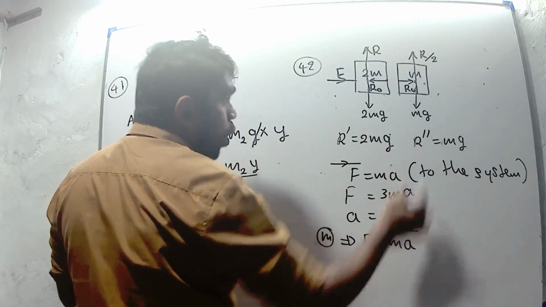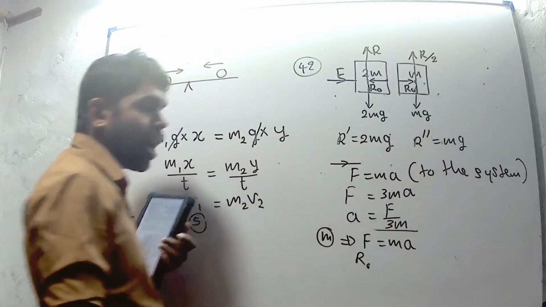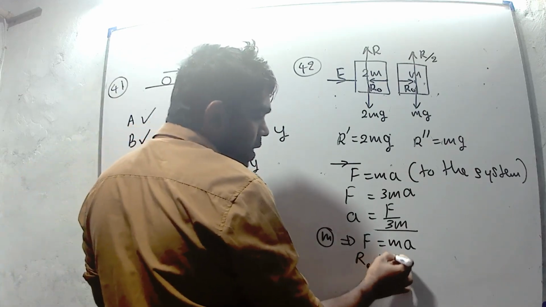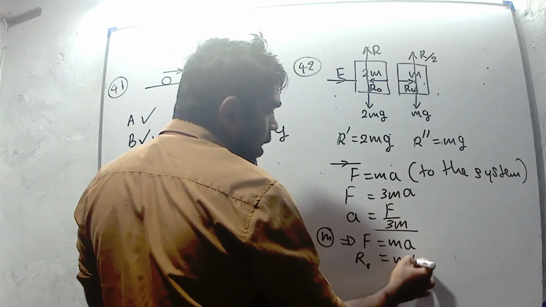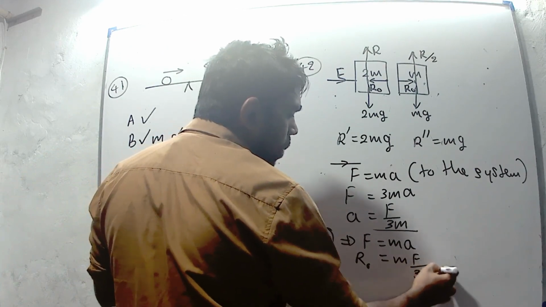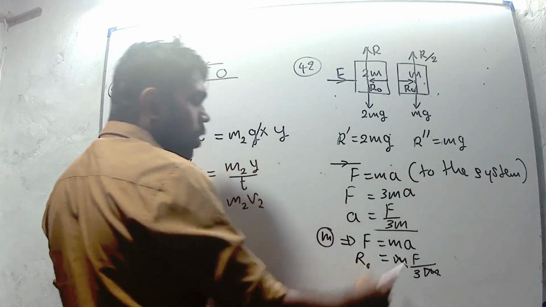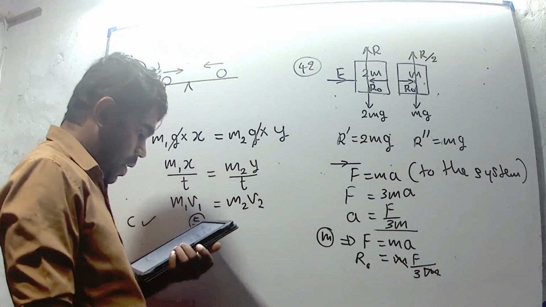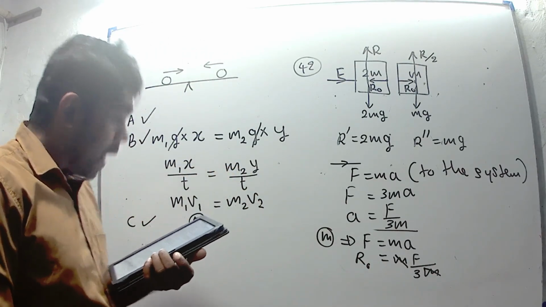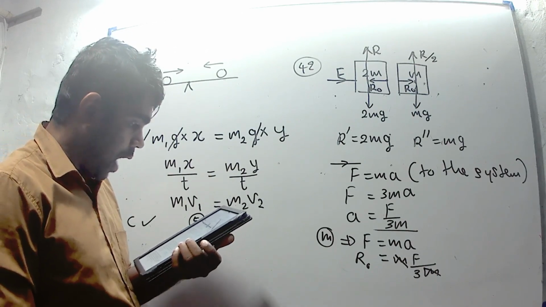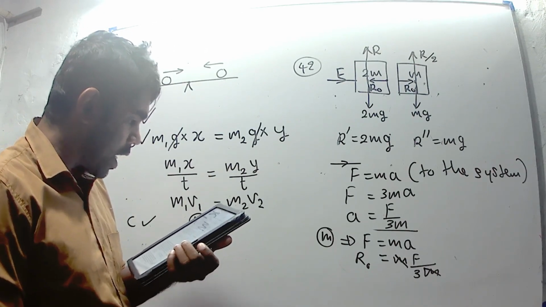Then the horizontal force on the m mass, R naught, equals m into the acceleration F over 3m. Now we can simplify it. R naught is F over 3. Then the answer is 3 for question number 42.